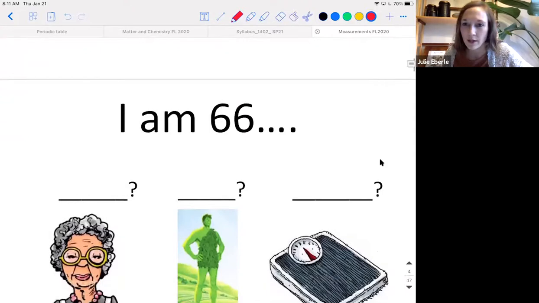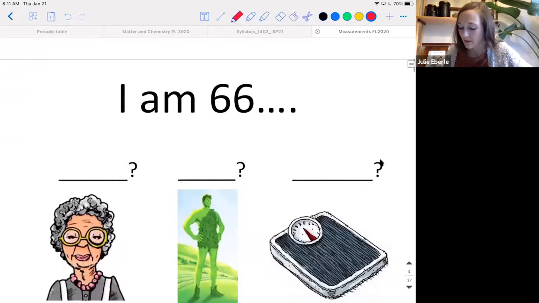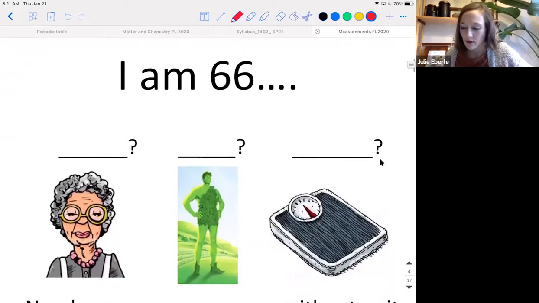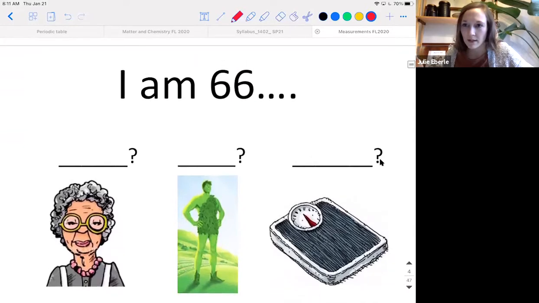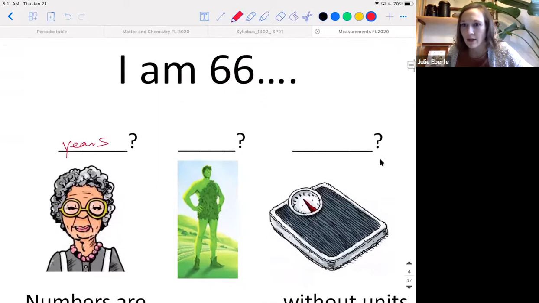I'm going to illustrate to you why units are important. Okay, this is a silly example, but if I just told you I'm 66, okay, what do I mean? Okay, you need some sort of unit to go with that. Do I mean I'm 66 years old? I know I look young for my age. Do I mean that I'm 66 feet tall? Hardly.